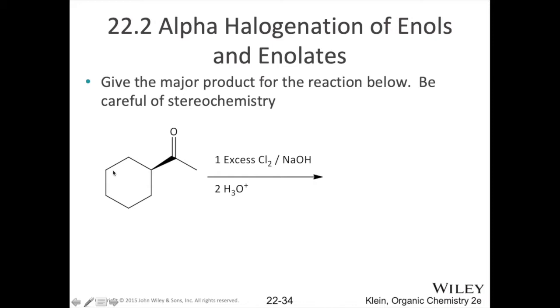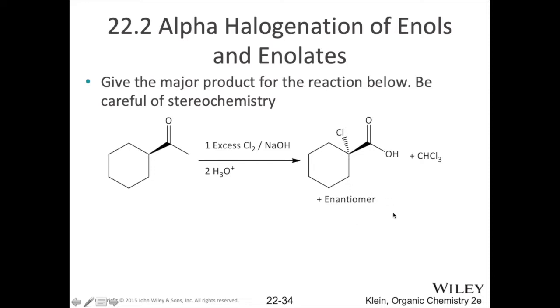If there were a substituent somewhere on any carbon of this cyclohexane except maybe this one, then yes, that would be asymmetrical, and this would be a chiral center, but I don't think you actually have to worry about the enantiomer, so to speak, here. The quote-unquote enantiomer of this would be the same molecule.